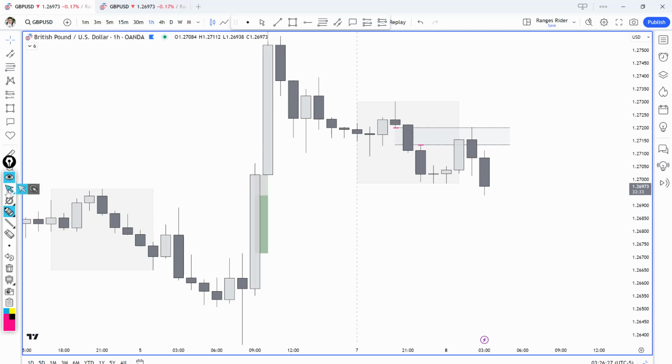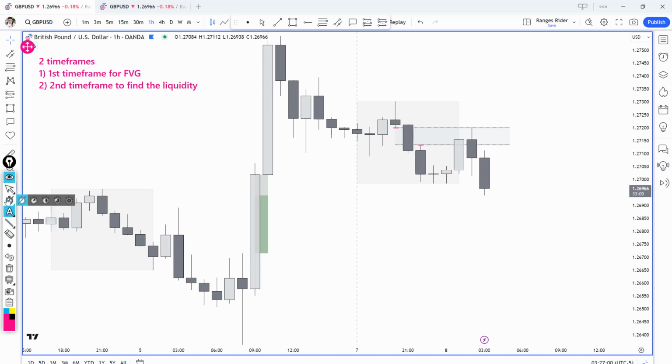For the fair value gap, I basically use two time frames. One time frame for the fair value gap, and the second time frame to find the liquidity.